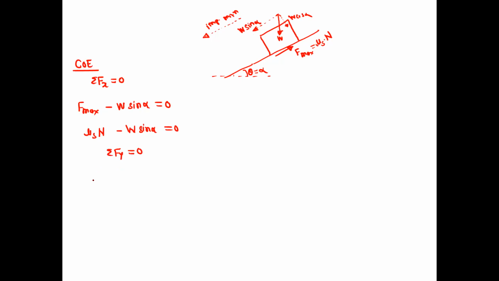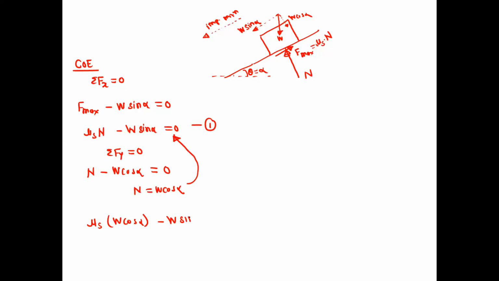For summation Fy, we have normal reaction N plus, minus W cos alpha, equal to 0. So N is equal to W cos alpha. You can put this value in equation 1. From this we get mu s into W cos alpha minus W sine alpha equal to 0.